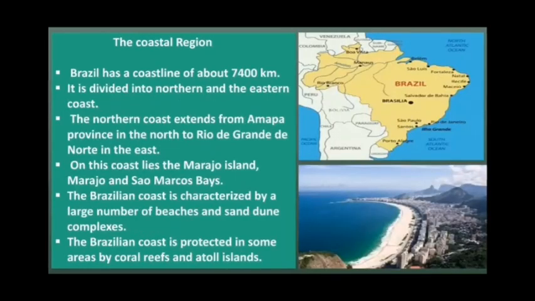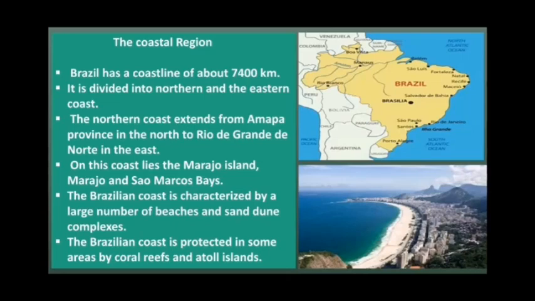So children, now we will begin with the coastal region. Brazil has a coastline of about 7,400 kilometers. One may divide that into two parts, that is, the northern and the eastern coast. Just as India has the eastern and the western coast, Brazil has the northern and the eastern coast.